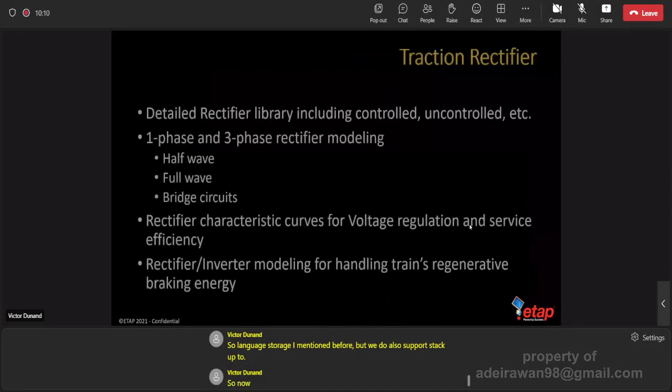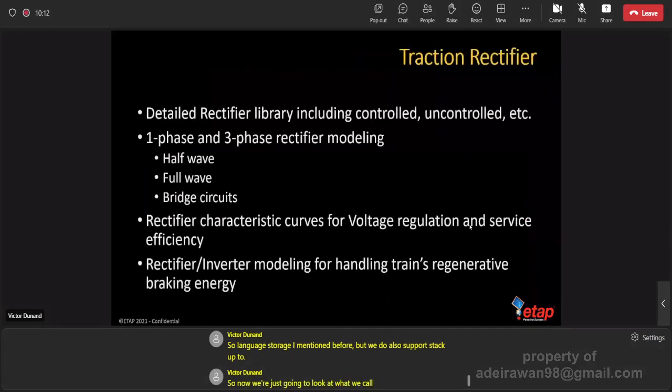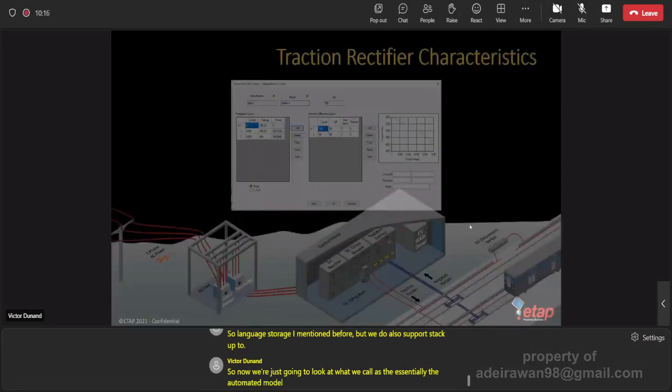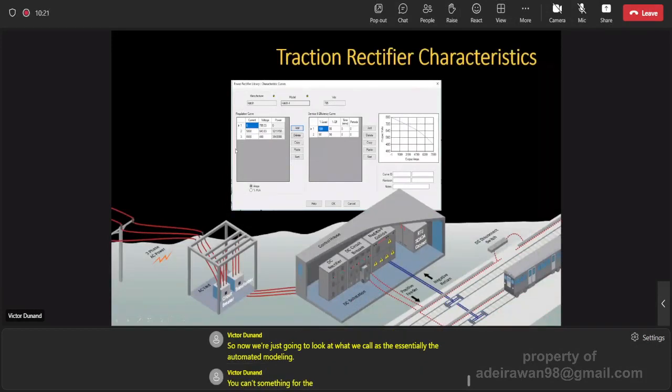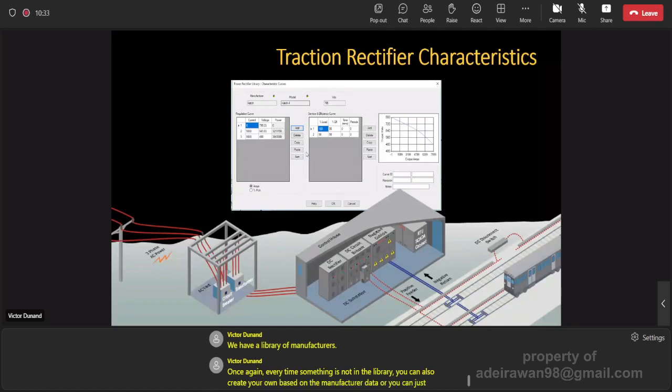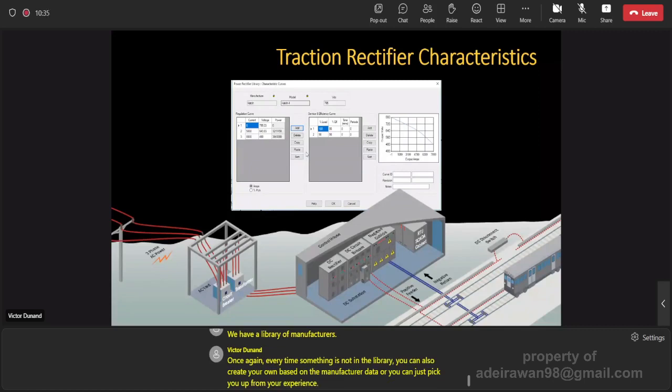So now we're just going to look at what we call the automated modeling. Again, same thing for the rectifier. We have a library of manufacturers. Once again, every time something is not in the library, you can also create your own based on manufacturer data, or you can just pick from your experience what the load is.